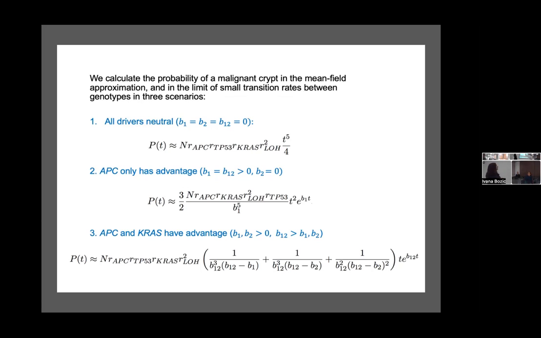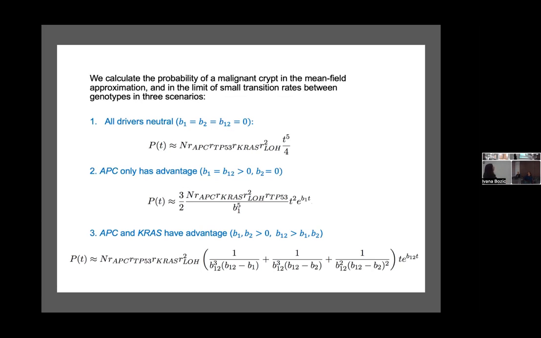The first scenario is where we assume that all drivers are neutral. There's a lot of talk about neutral evolution, whether that can happen prior to malignancy, or is this something that happens after malignancy only? So we wanted to see, just by collecting drivers that are neutral pre-malignancy, can one get something that is reasonable?